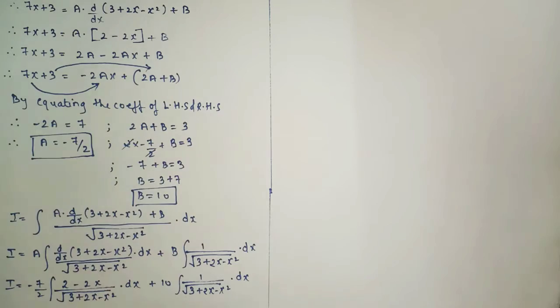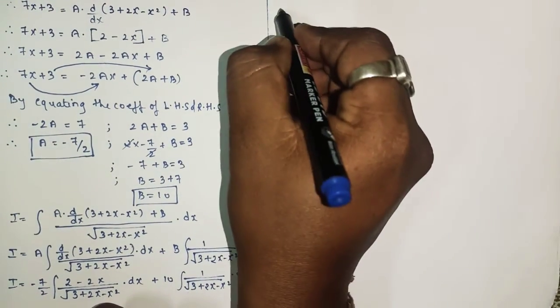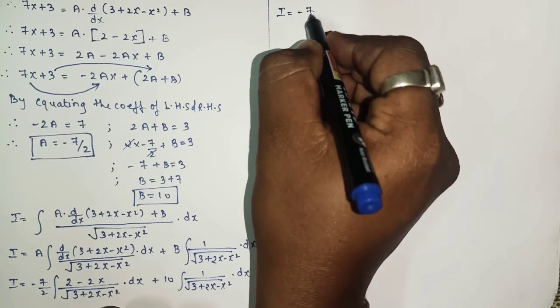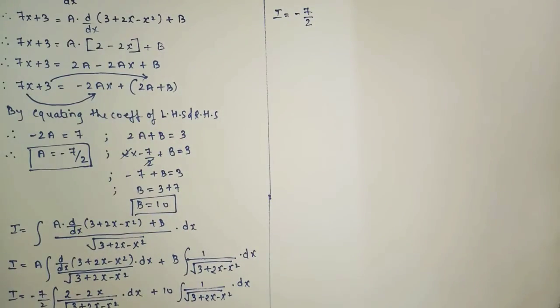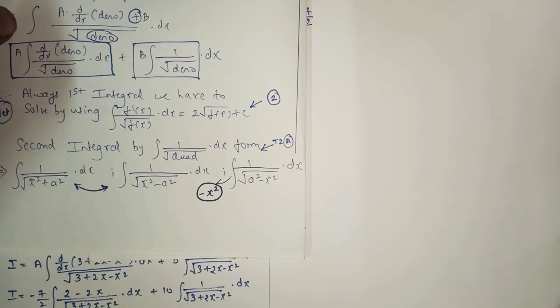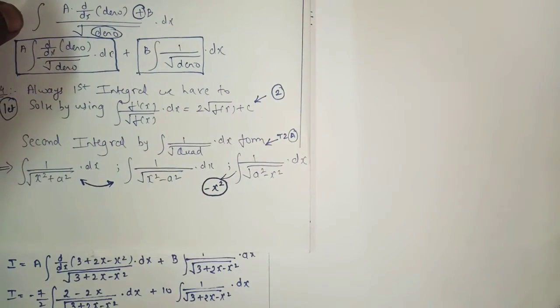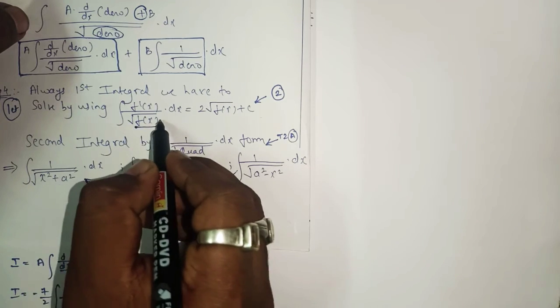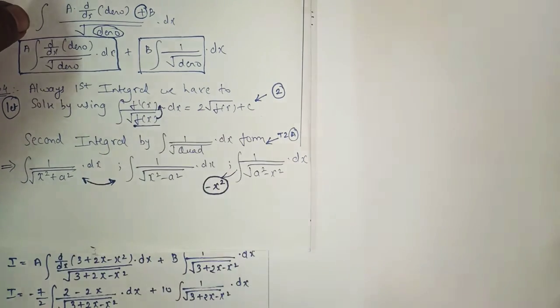Okay, so here I will be equals to minus 7 upon 2. According to the property, it says that f dash x upon root f of x is equal to 2 root f of x plus c. Derivative of this part, it should exactly match with the numerator.